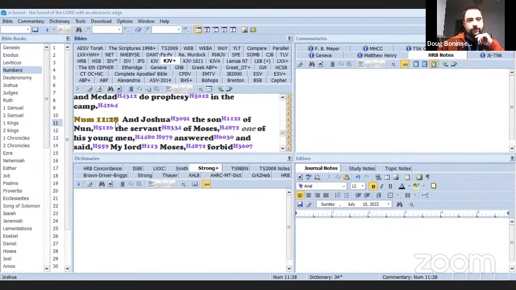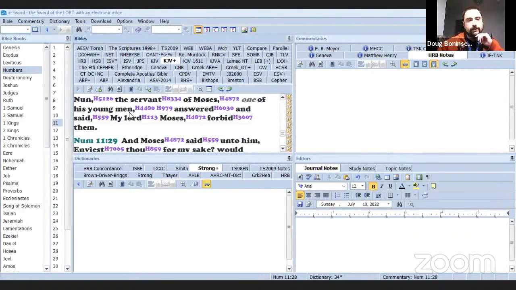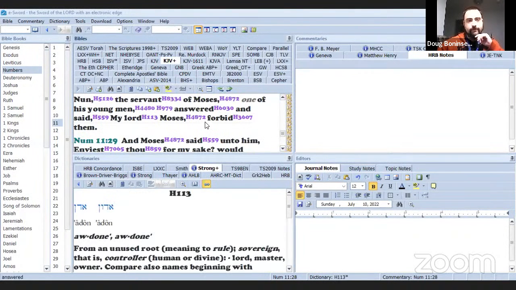So it says, and Yahusha, the son of Nun, the servant of Masha, one of his young men, answered and said, Adon, Masha, forbid them.